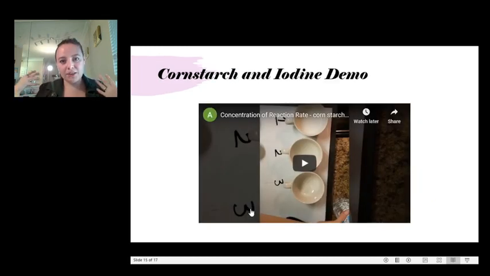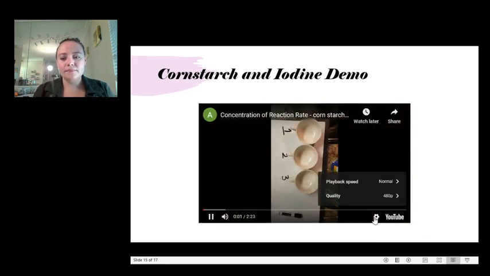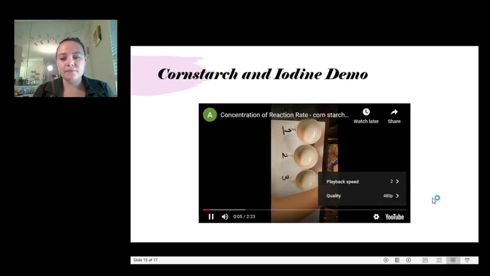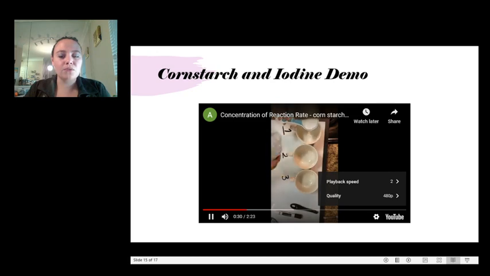So we're going to talk about the last factor, concentration. So I have cornstarch. I put a little bit in one cup, and I add about a quarter cup of water.